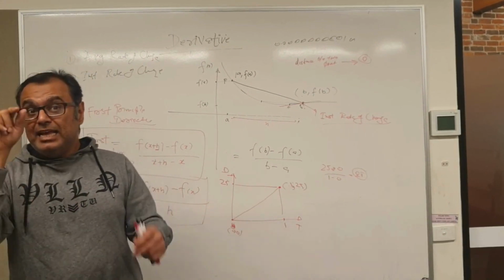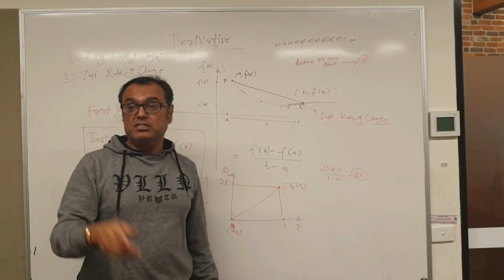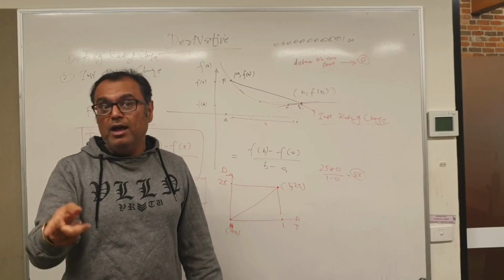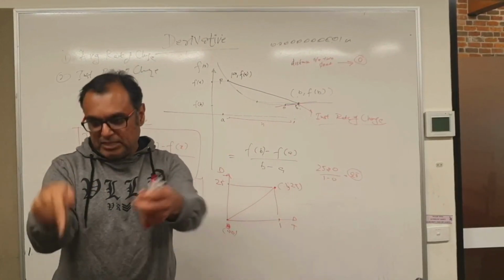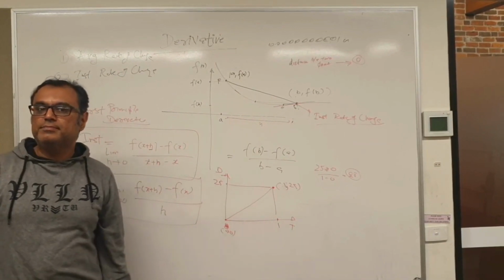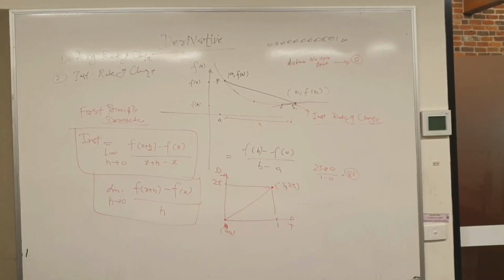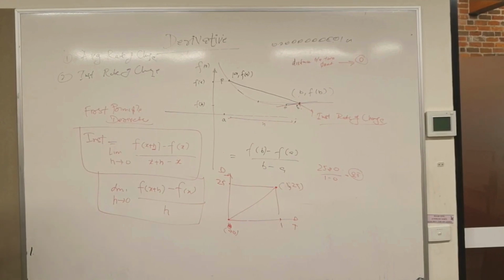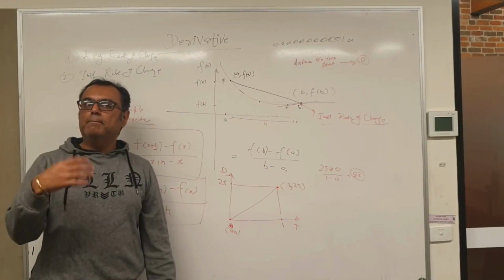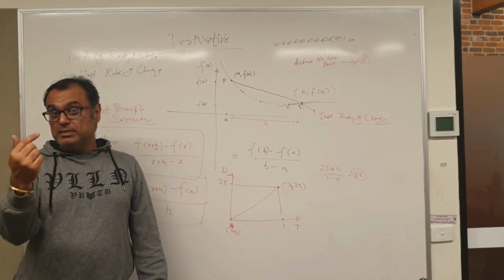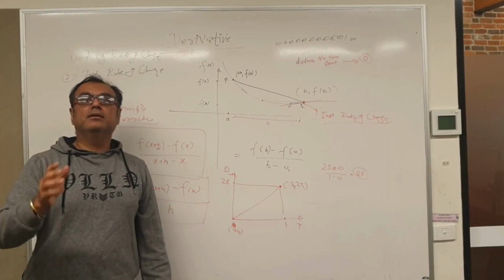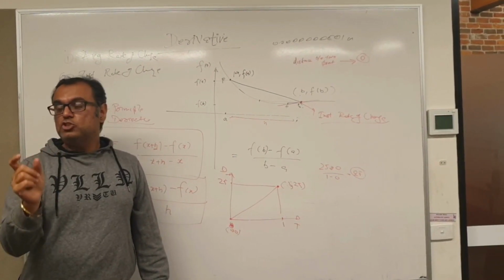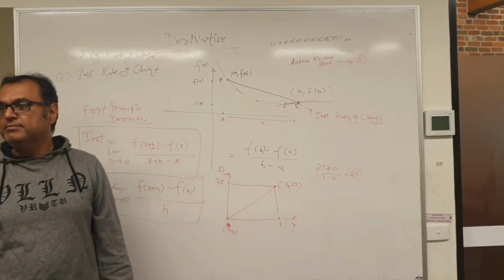For example, if you're driving 62 kilometers an hour, that is the instantaneous rate of change at the point when I've just seen the dashboard. That's broadly the difference between the two rates of change. So the speedometer, when you're looking at it, the speed that it's showing is the derivative.